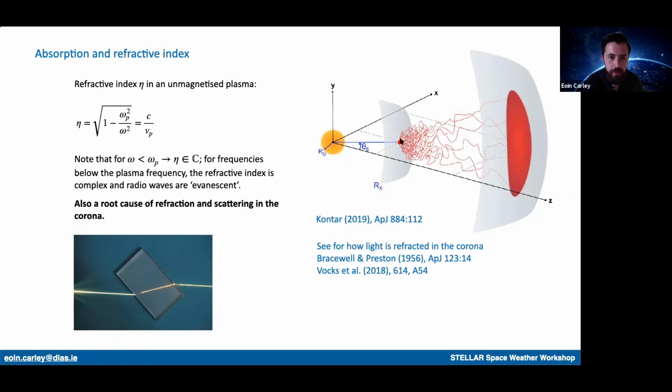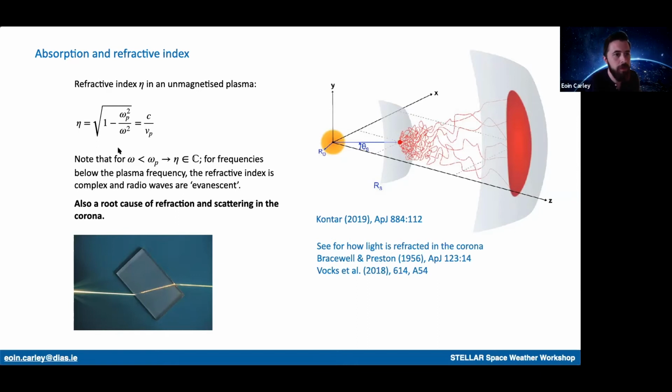But the effect is that if we have a really small source in the corona, the light is emitted every which way, but it undergoes numerous refractions and scatterings until the final source that emerges is actually pretty large, okay? So we don't have the ability to resolve small sources in the corona. They just don't exist. Scattering makes them really big. And it's the reason why the radio sun is really diffuse, okay?